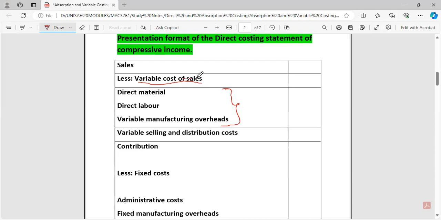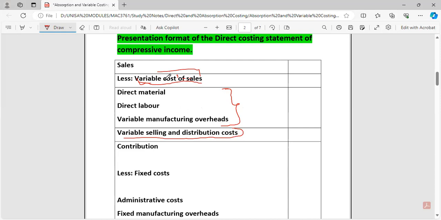Then you don't put this of sale. So if you say less variable cost here, then it means you are now going to include this non-manufacturing variable. What you give, the heading that you give here should also tell the structure that you are going to do here.